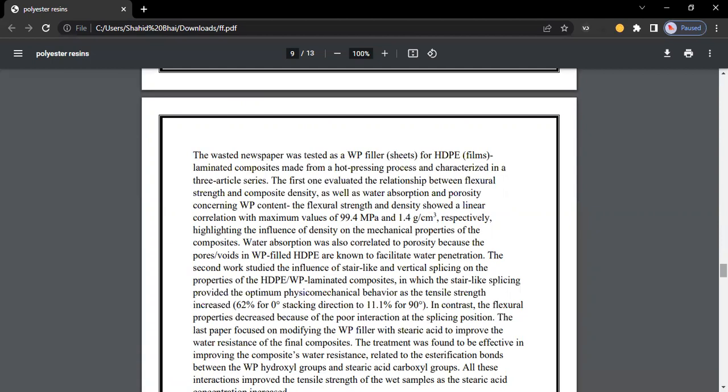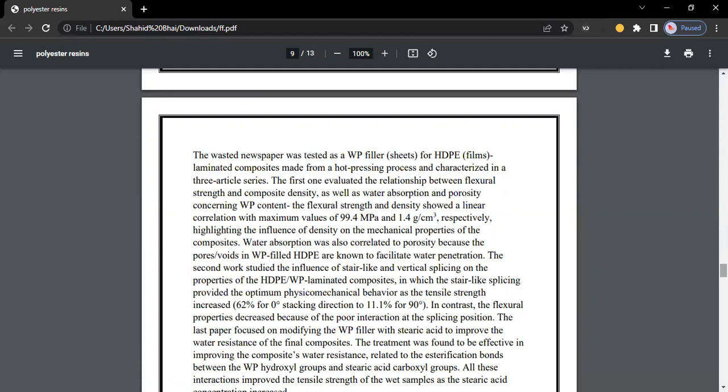Flexure strength and density showed linear correlation with maximum values 99.4 megapascal and 1.4 gram per centimeter cube, respectively, highlighting the influence of the density on the mechanical properties of the composite.